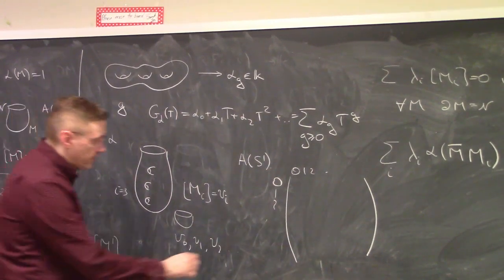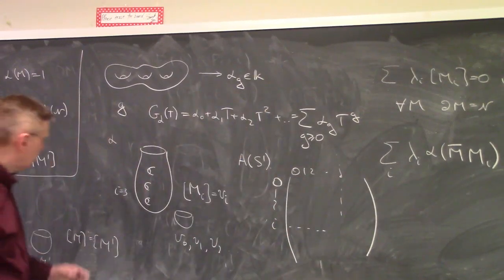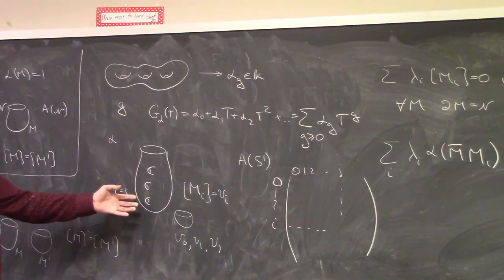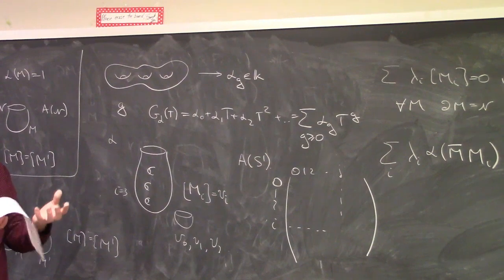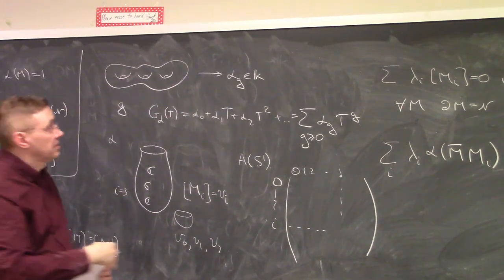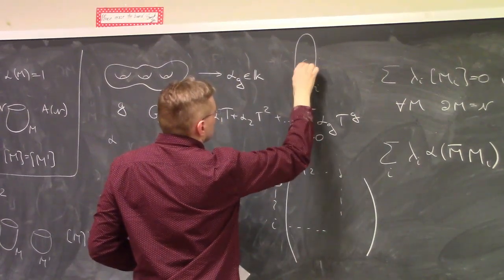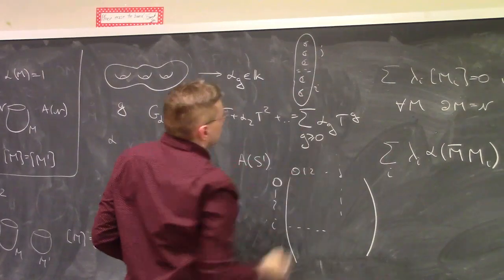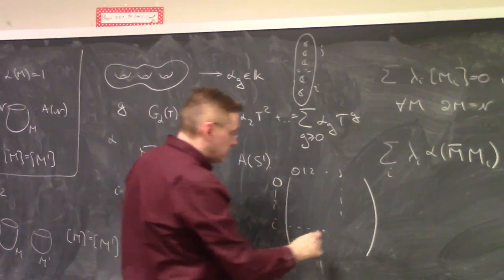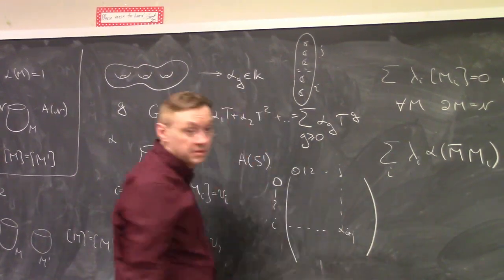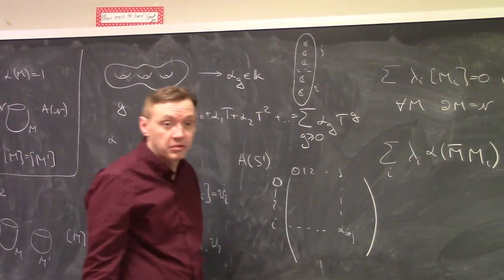On the intersection of the ith row and jth column, we take a surface of genus i with one puncture and a surface of genus j, one puncture, and glue them together. Then we get a surface of genus i plus j, which is closed. And that surface evaluates to alpha i plus j. And this is the matrix of the bilinear form.